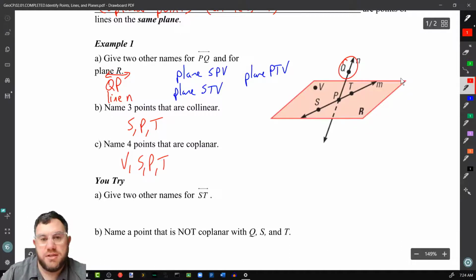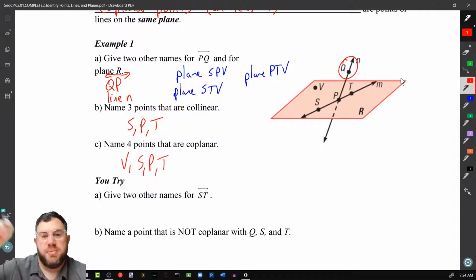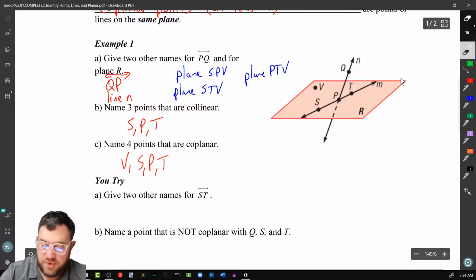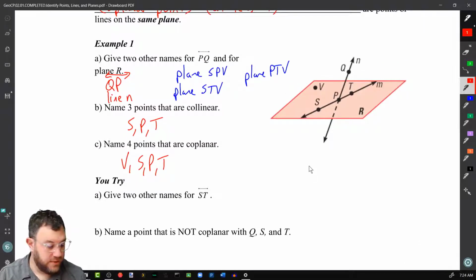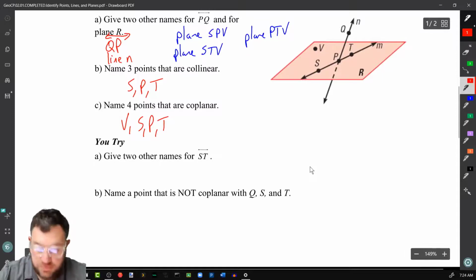Q is not coplanar with those because the picture has it outside that plane. So try these other two and then we'll move forward.